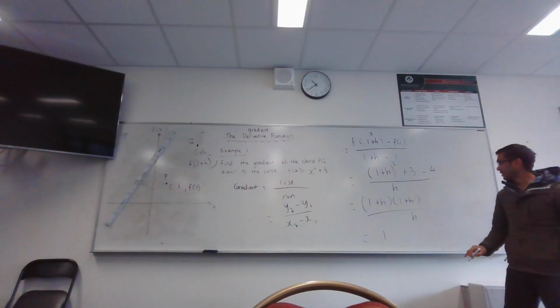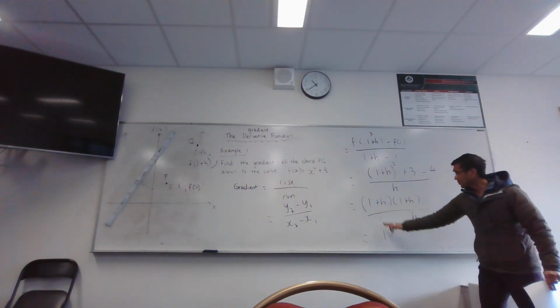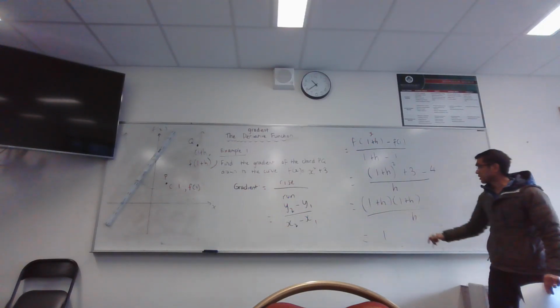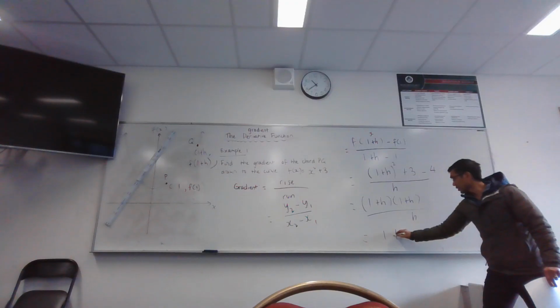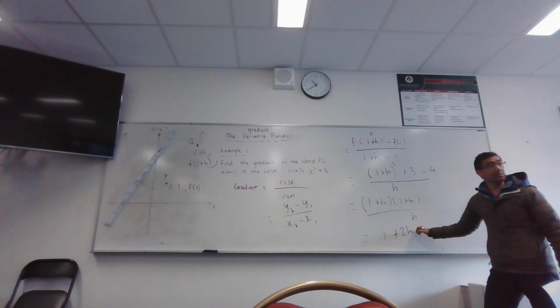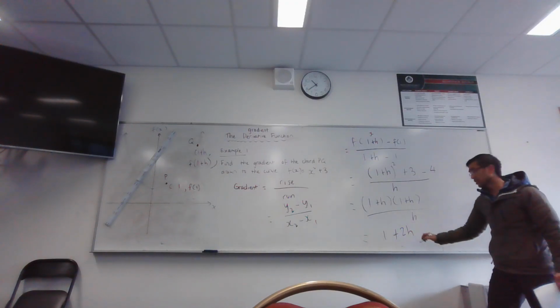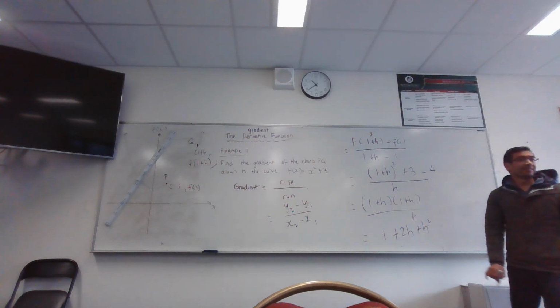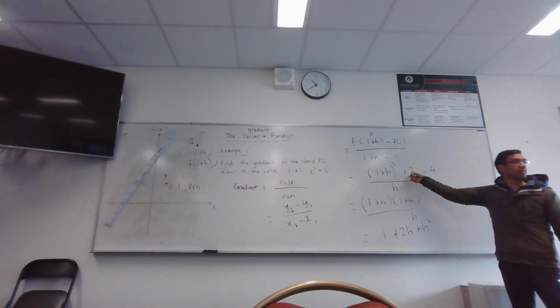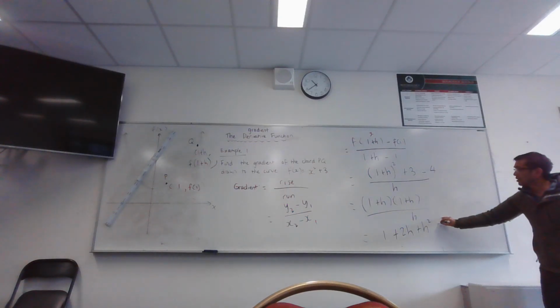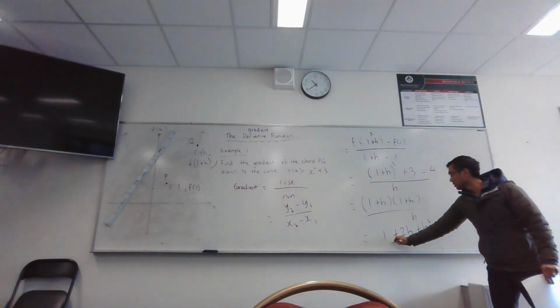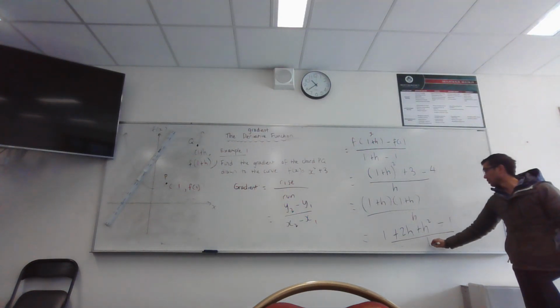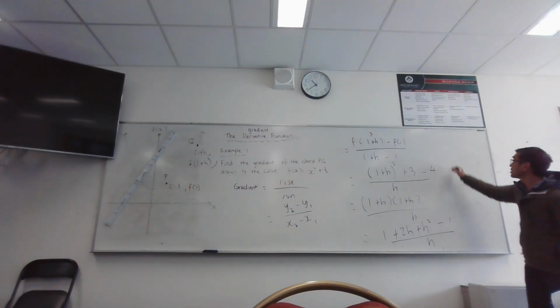1 times 1 is 1. 1h plus 1h is 2h. 2 h's. And the third term is h squared. You're on a roll. Okay. To finish it off, 3 take away 4, so minus 1, over what Zach said is h.